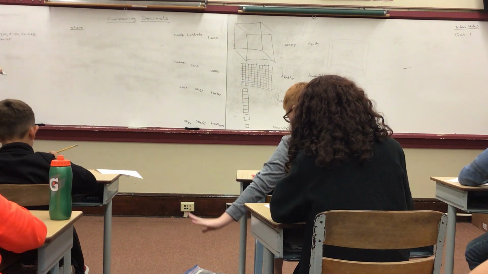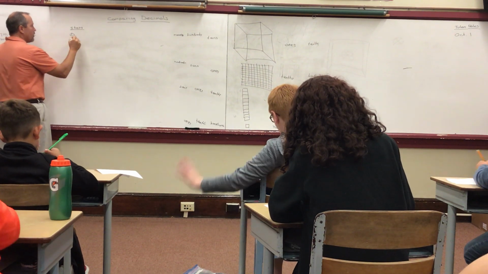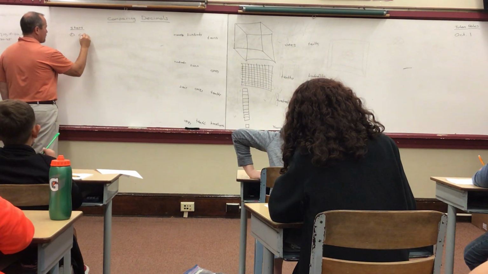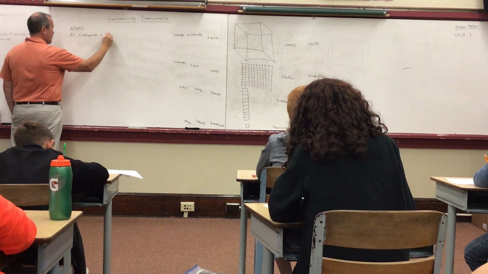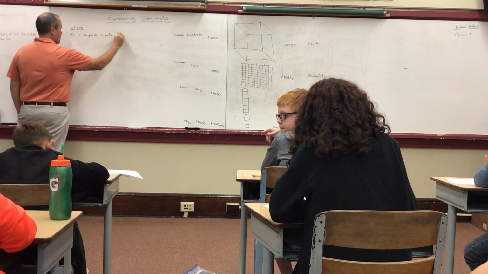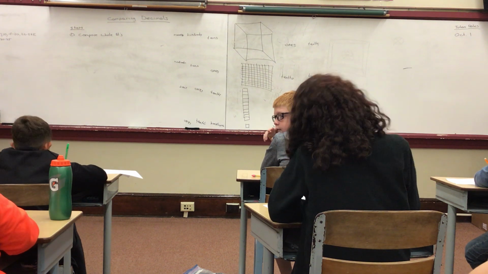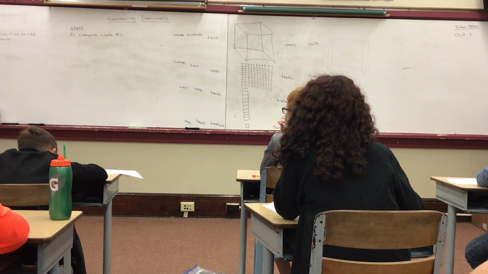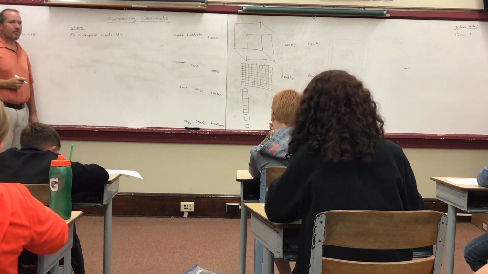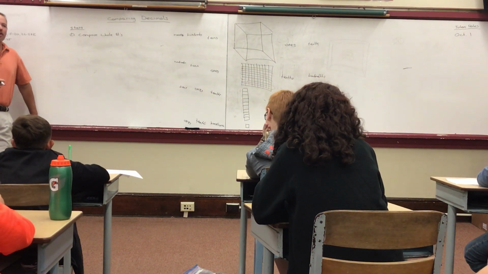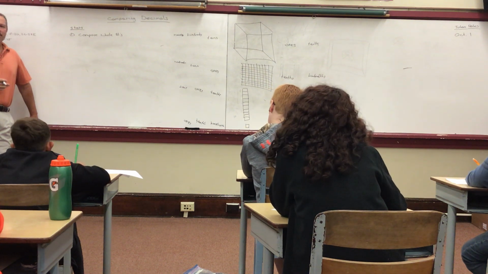So when we're comparing decimals, the first thing we're going to do is compare the whole numbers. If the whole numbers are different, we don't even need to worry about looking at the decimals.